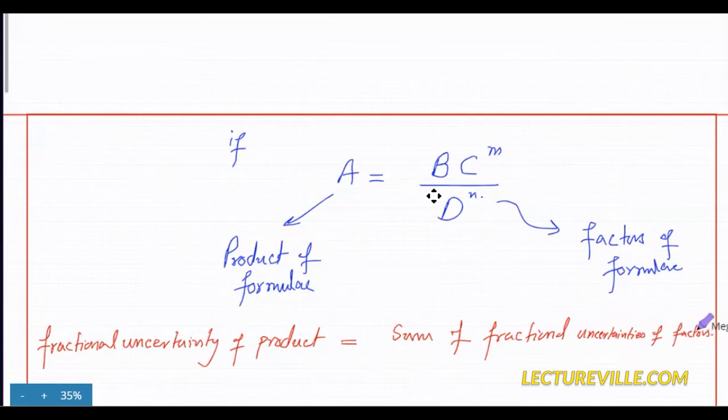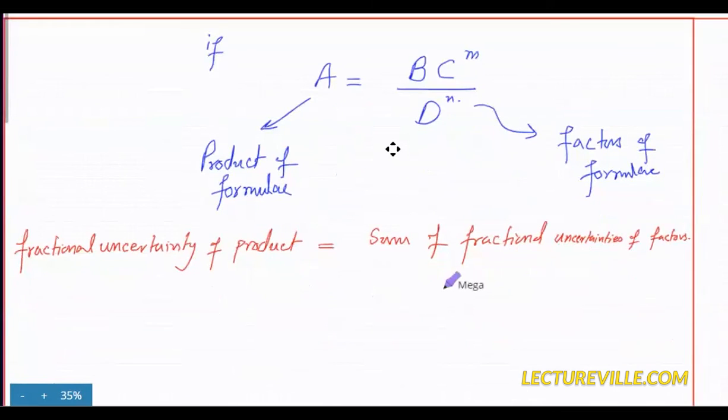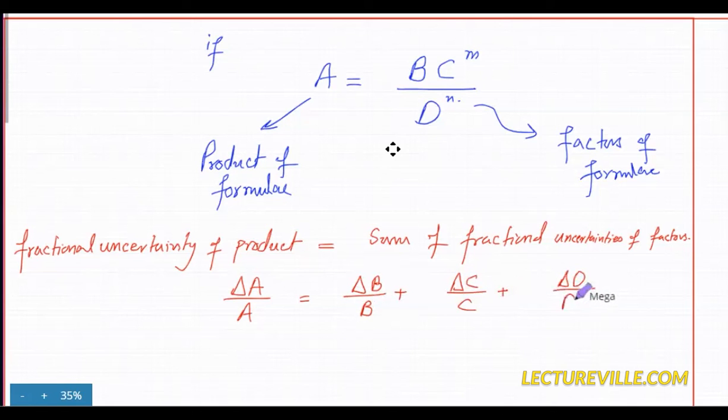So what does that mean? Listen, this means that delta A over A, the fractional uncertainty of A, will be equal to delta B over B plus delta C over C plus delta D over D, where we need to multiply this term with M and this with N.